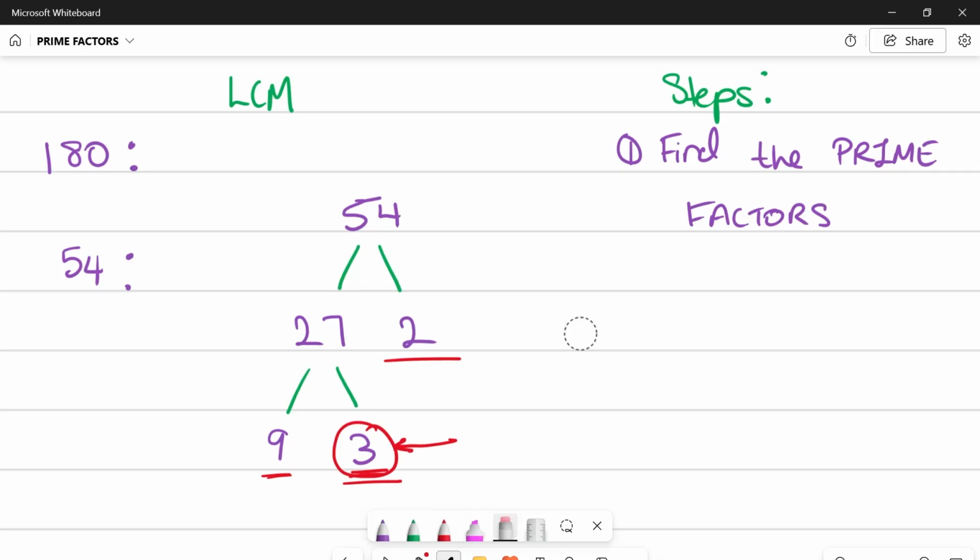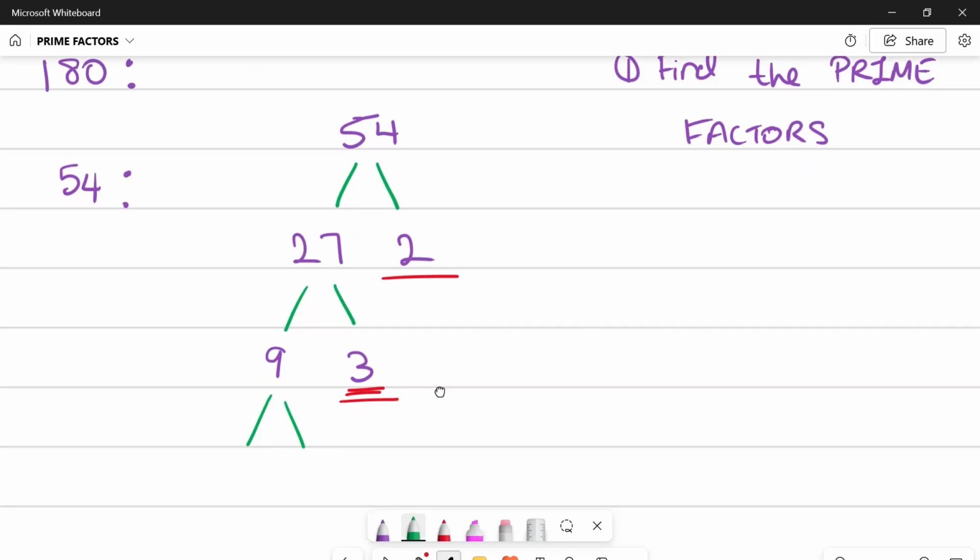So we must continue breaking down 9. A pair of factors that when multiplied would give us 9 is 3 by 3. We check again, and 3 is a prime number. So this marks the end of this branch, as well as the end of our tree.